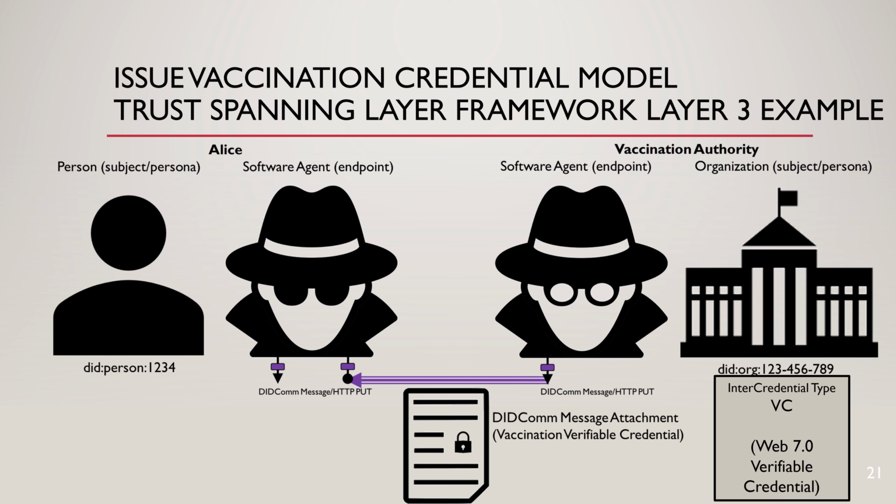That's her vaccination credential. And so the vaccination authority's software agent is going to send that DIDComm message with the vaccination verifiable credential attachment over to Alice. That will be received on Alice's service endpoint. And again, we have safe, secure, trusted communications of that healthcare information.